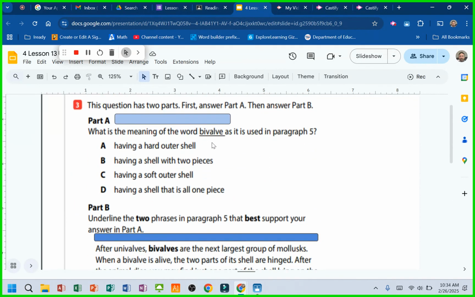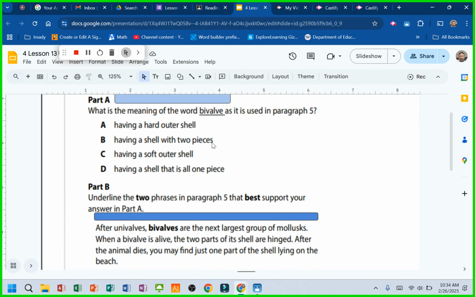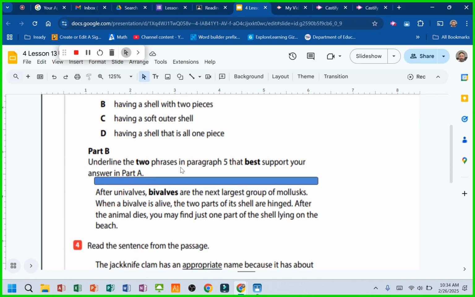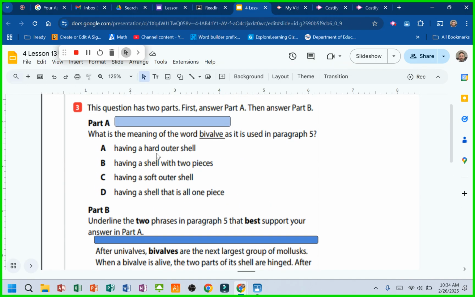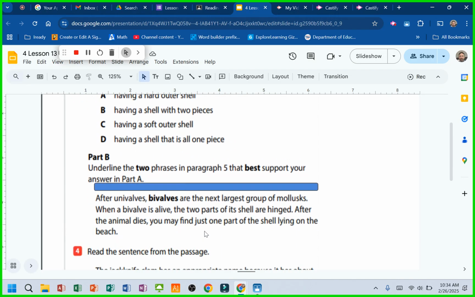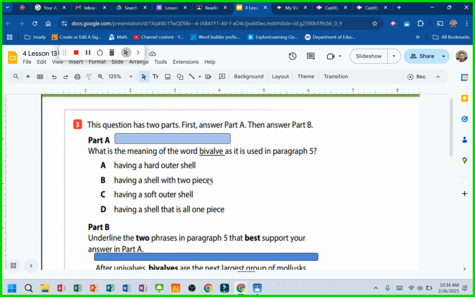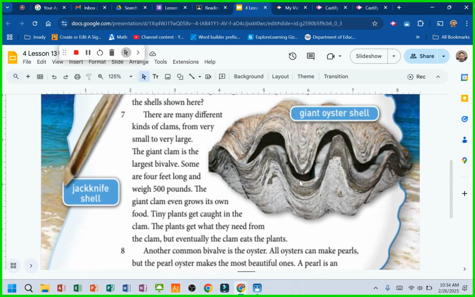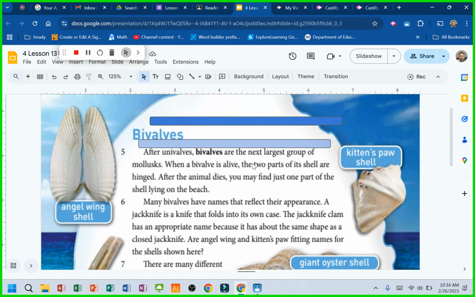What is the meaning of the word bivalve, as it's used in paragraph 5? What should you do? You should go back to paragraph 5. You should be highlighting bivalve and looking for the clues. Then you should attempt to answer this. Underline 2 phrases in paragraph 5 that best support your answer. If you don't get part A right, you're in trouble here. You've got to go back to the story and look in paragraph 5.